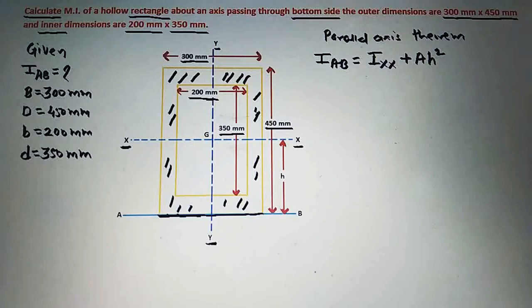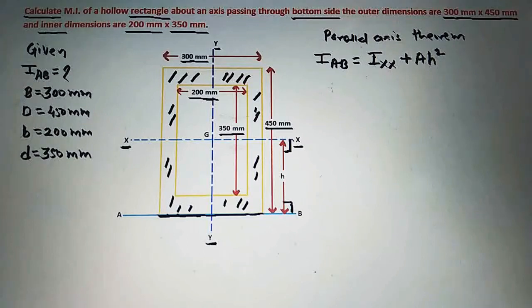So this h is the perpendicular distance between AB and the centroidal x-axis. See here, this is x-axis, so this h is the perpendicular distance between this x-axis and AB axis. So we will write here h square.